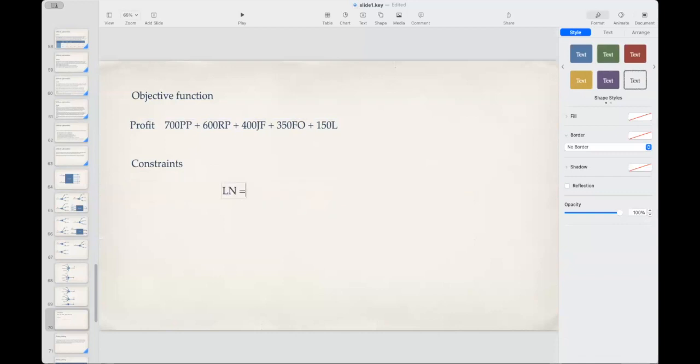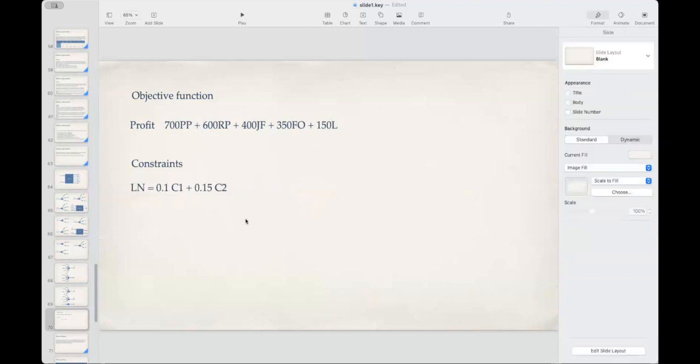Ln must be 0.1 of C1 plus 0.15 of C2, right? Okay, good. And this must be equal, right?